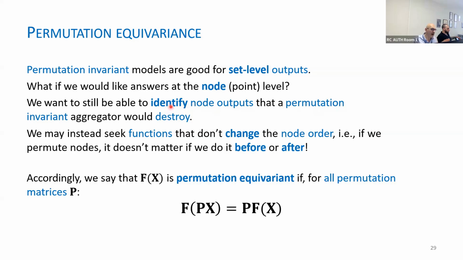So we want to identify outputs at the node level. But if we have a permutation invariant aggregator, actually this output at the node level would be destroyed.